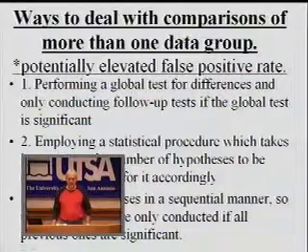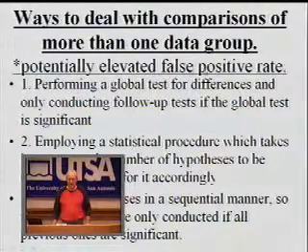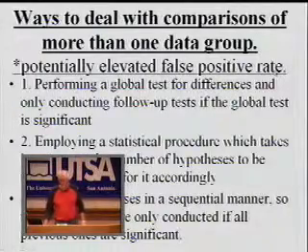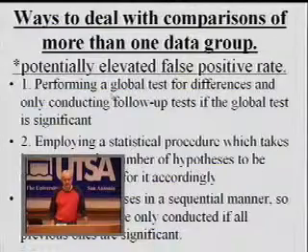Let's continue here then. Ways to deal with comparisons of more than one data group. When it exceeds two data groups, two treatment groups, then there is the risk for potentially elevating the false positive rate. So you may find a difference when one truly doesn't exist.